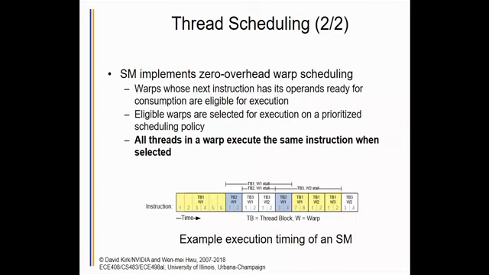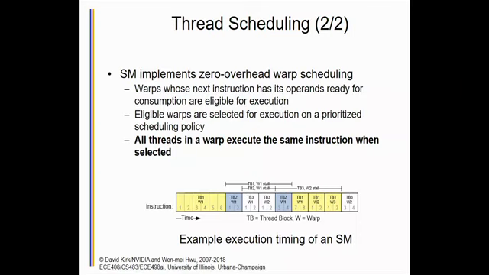And in reality, we're not just switching from one thread to another thread. We're switching from the execution of one warp to other warps. And whenever a thread in a warp goes into execution, the rest of the threads in the same warp will also go into execution at the same time.